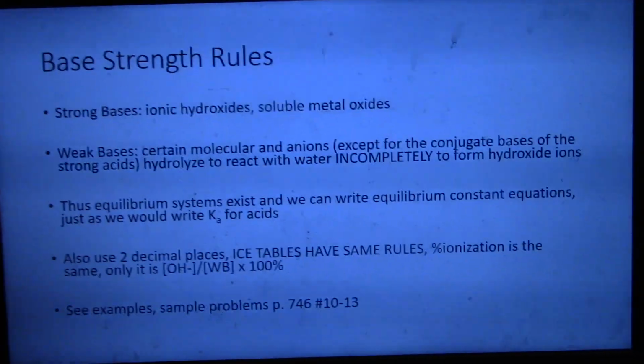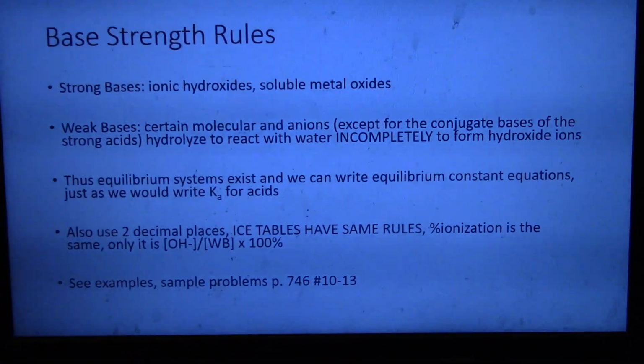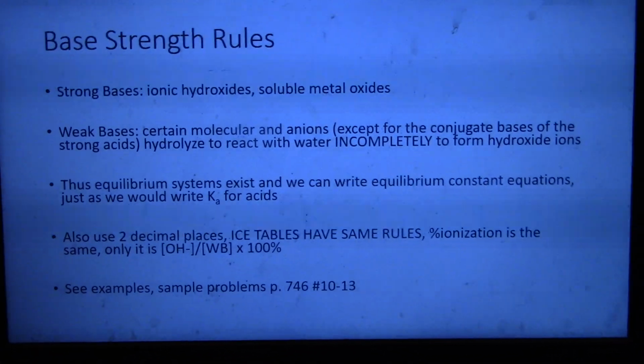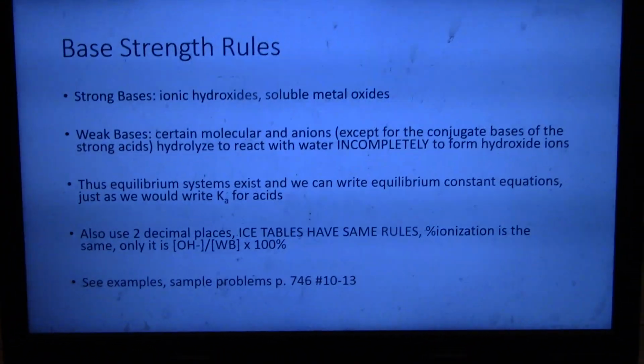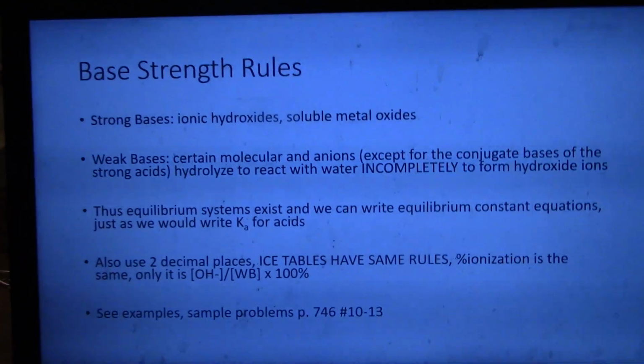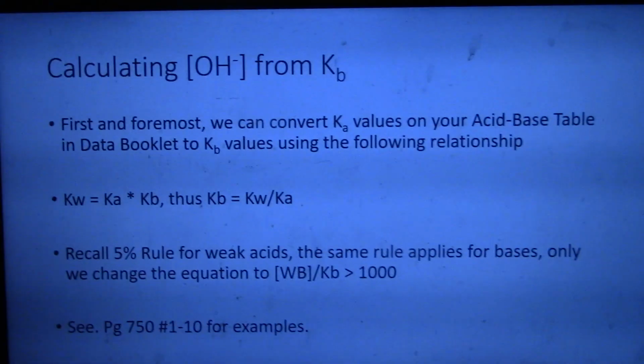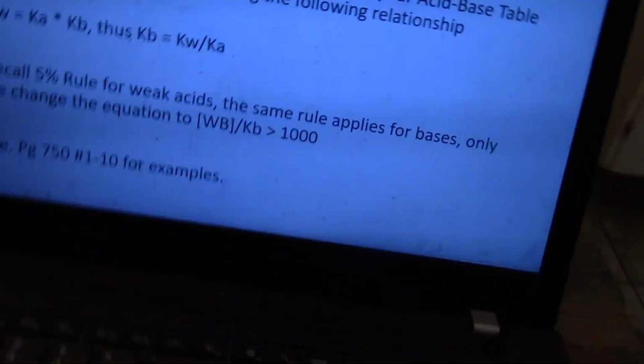Your weak bases and your weak acids will be your reactants, and we're looking at the percentage of the weak base or weak acid that ends up turning into hydroxide or hydronium. So we did a few examples like that with Ka, and I'm going to do that with Kb, and we're going to look at the relationship between the two of those.